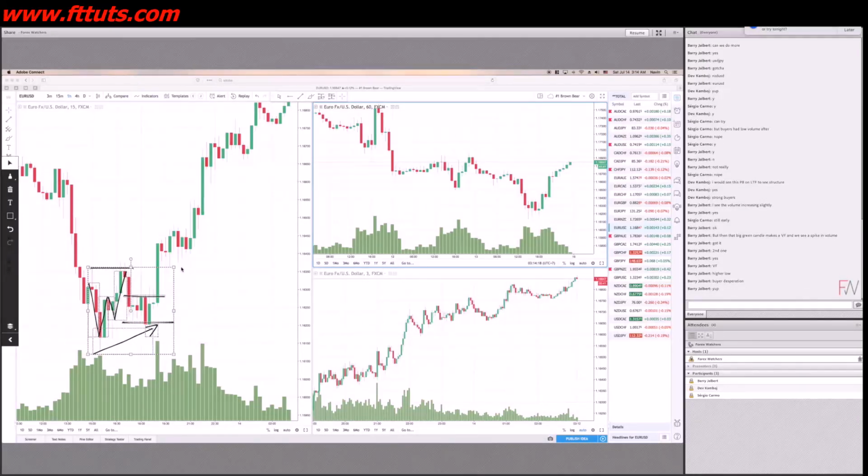Okay, so where do we have test 1? What is test 1? This is test 1, coming down, pulling back, coming down, boom, ended. Test 1 finished. Test 2.